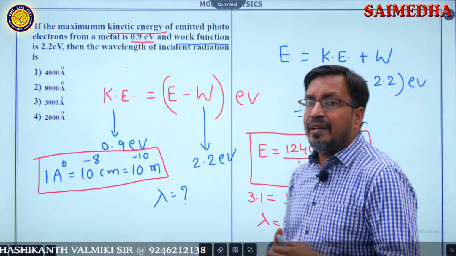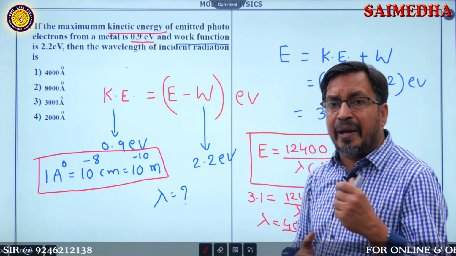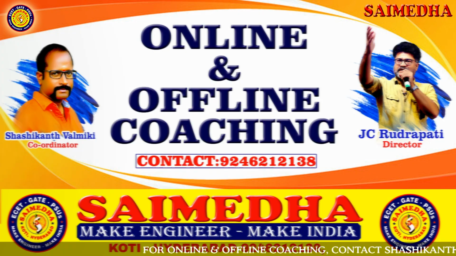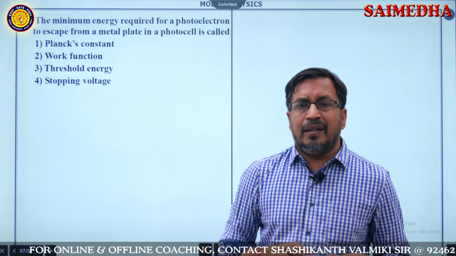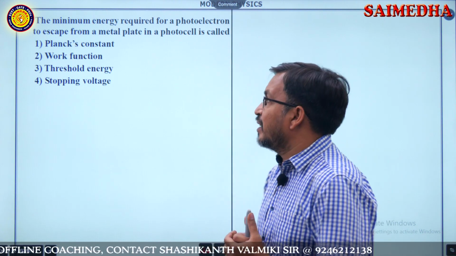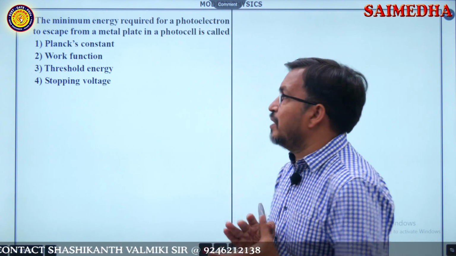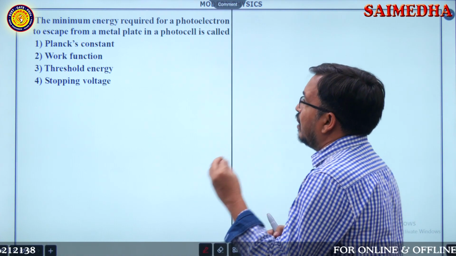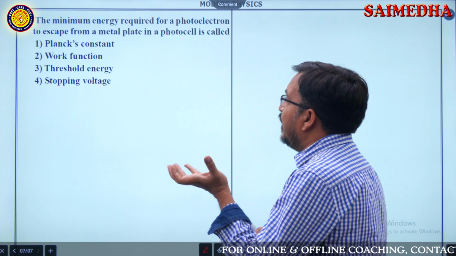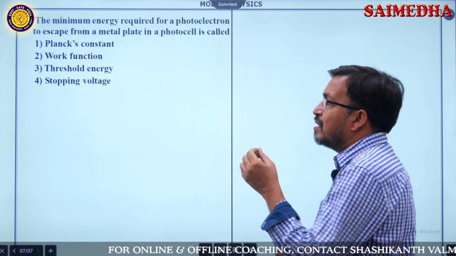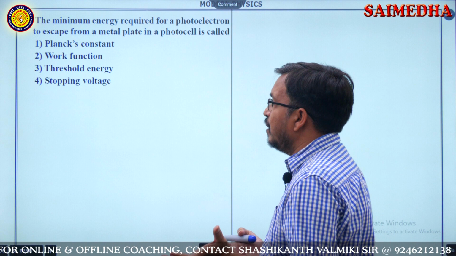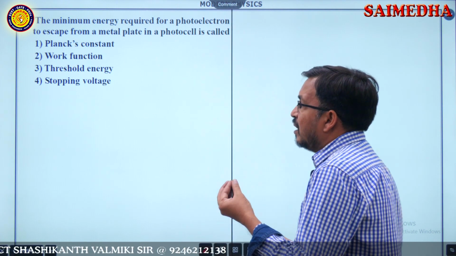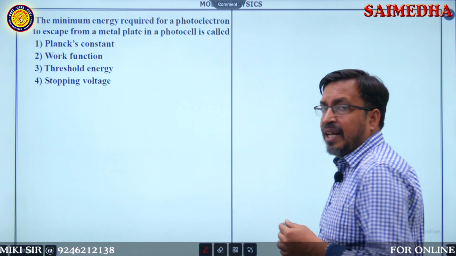Now we will solve the next question, that is question number 5. See students, now we are discussing the 5th question. This is a concept based question. The minimum energy required for a photoelectron to escape from a metal plate in a photocell is called, with 4 options: Planck's constant, no, it is a constant; work function; threshold energy; stopping voltage.